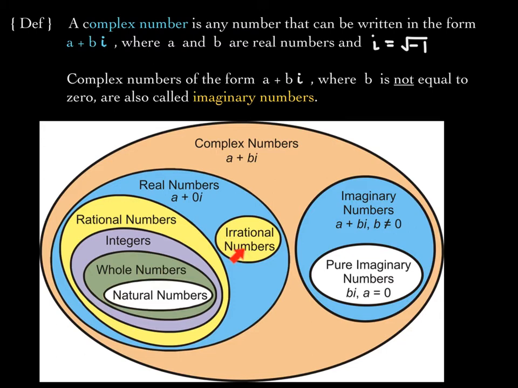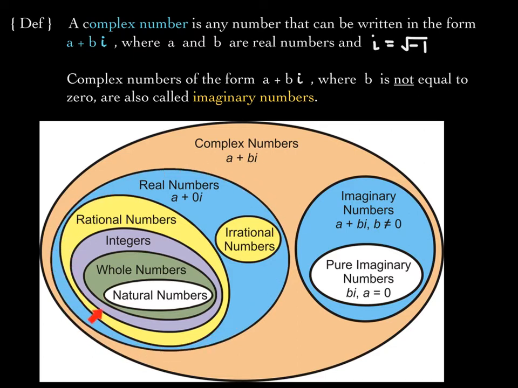Now, we've been living in the real number system. The real number system are all of your rational numbers and all of your irrational numbers. So in this blue family, this is where we've been up to this point.